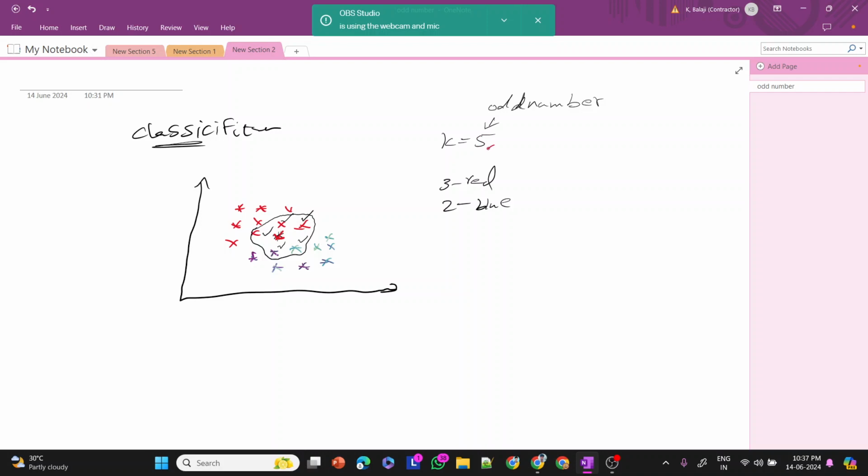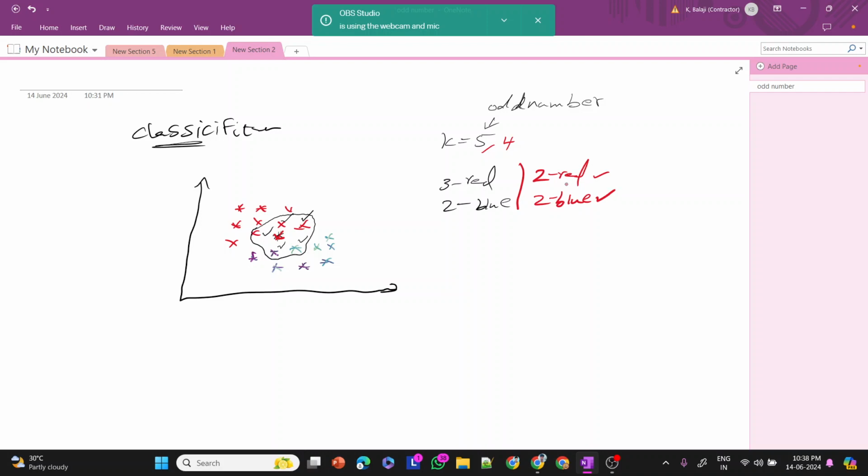For example, when we set k as 4, in some cases we will get the nearest 4 points as 2 belonging to red and 2 belonging to blue. So the new point's nearest 4 points are these 2 red points and these 2 blue points, so the algorithm cannot find whether the new point belongs to the red category or the blue category.